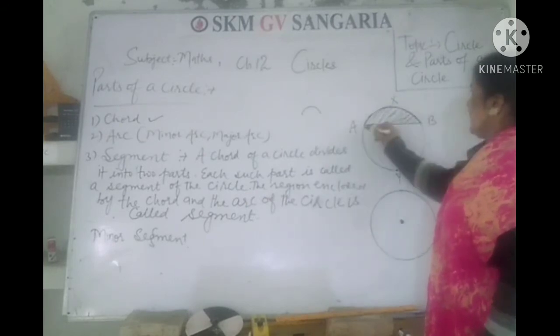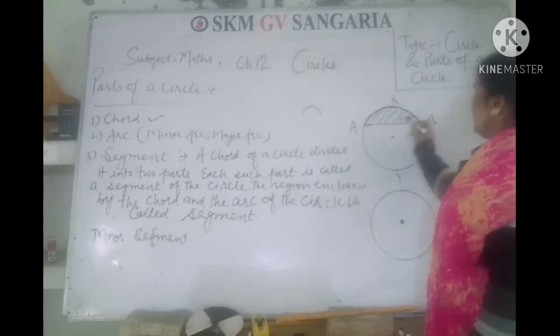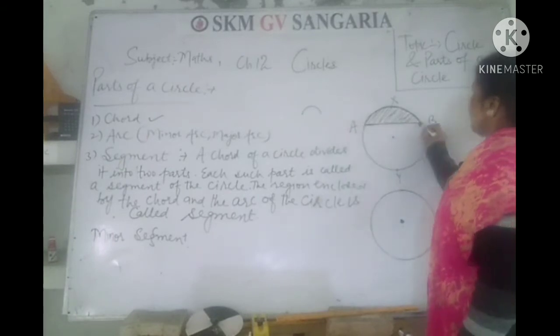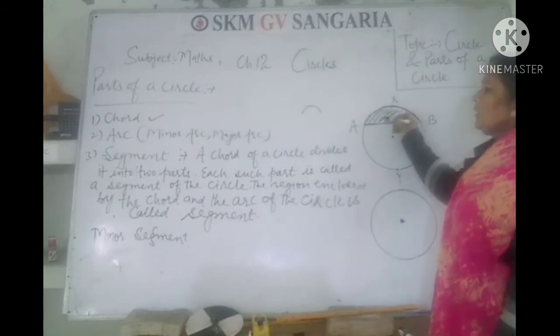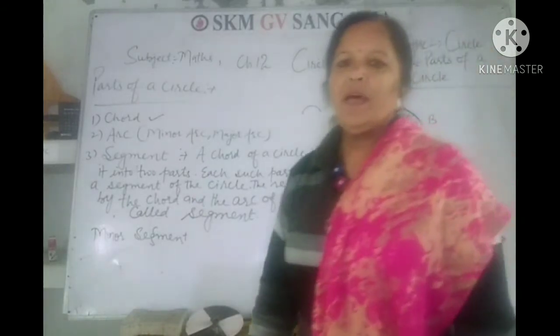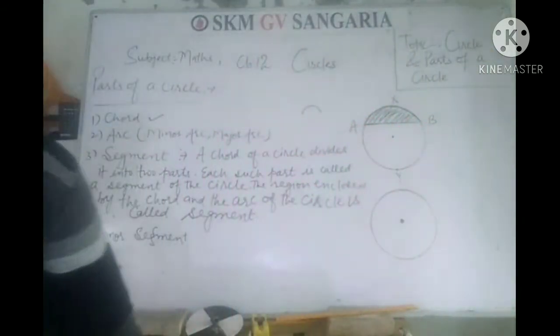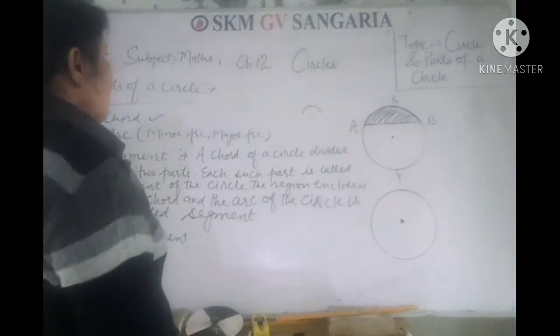This is the arc AXB, and the region enclosed by the chord and the arc, this shaded part, is called the segment of the circle.